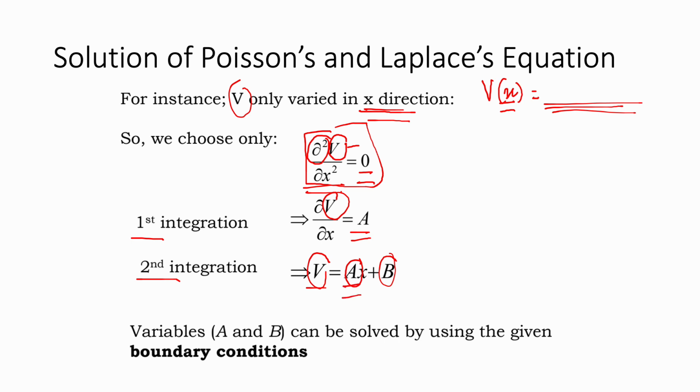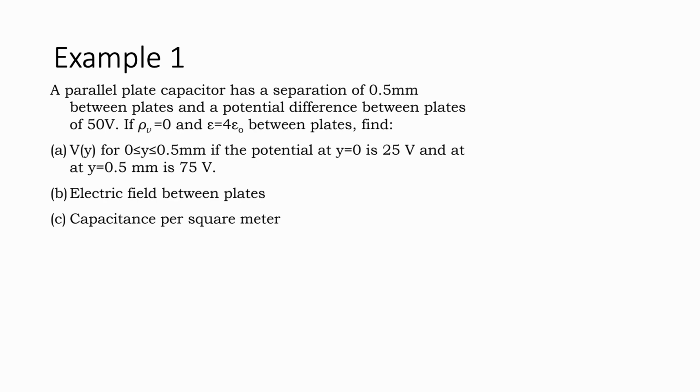In order to obtain the values of a and b, they can be solved by using the given boundary conditions. So to calculate these variables a and b, you need the information given to you in the question.